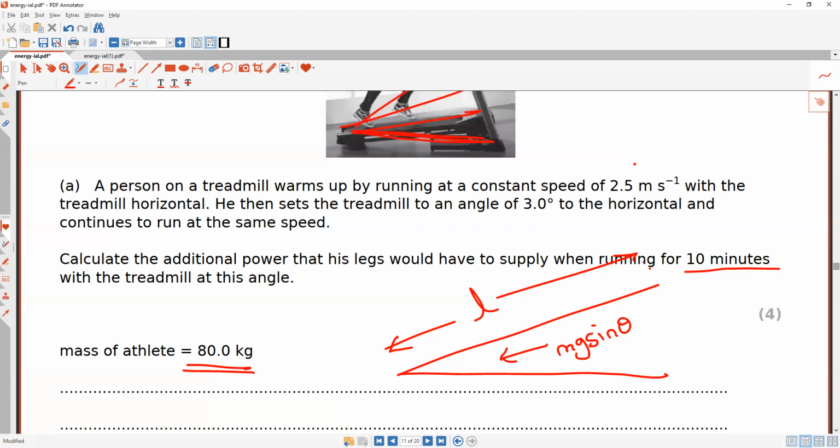And the length is this much. How will you find the length? You have the velocity, you have the time. Convert the 10 minutes into seconds, multiplying by 60. Then you can do force into distance by time taken. Or you can do force into velocity as well. Force into velocity is also power. Completely up to you guys. Which method do you want to do?